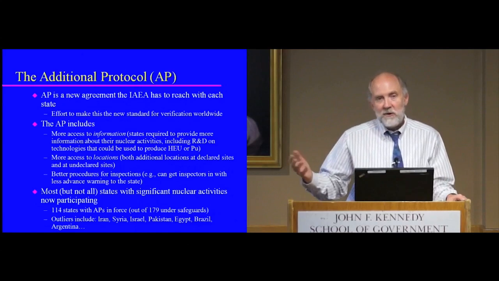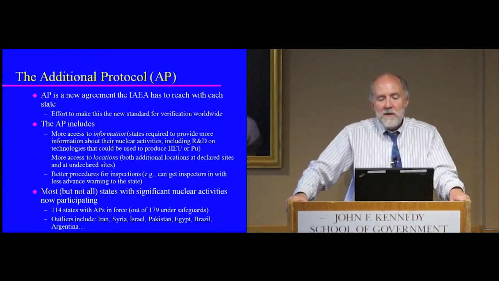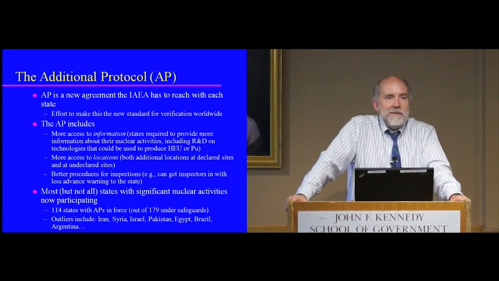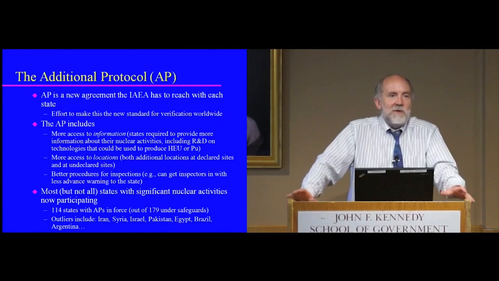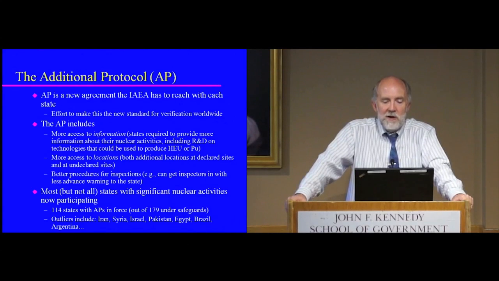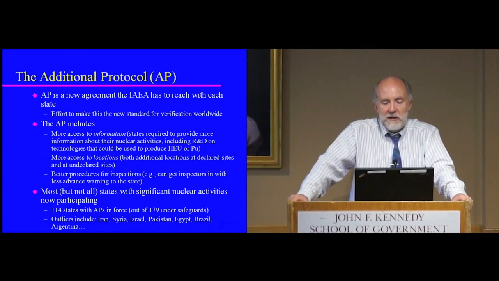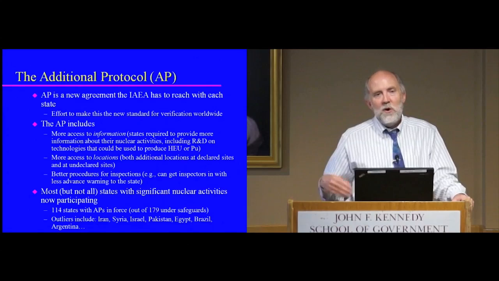So the additional protocol is a new agreement. States have to sign up to it one by one. There's an effort to make that the standard for safeguards verification around the world. Not yet quite there, but working on it. It gives the IAEA access to more information.